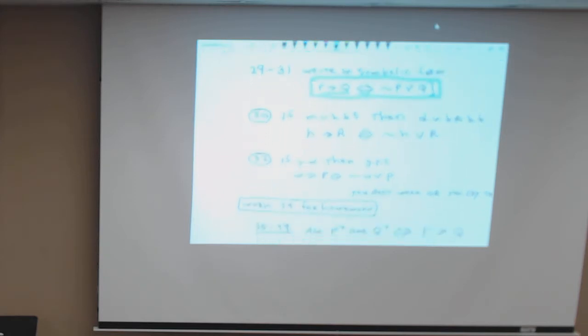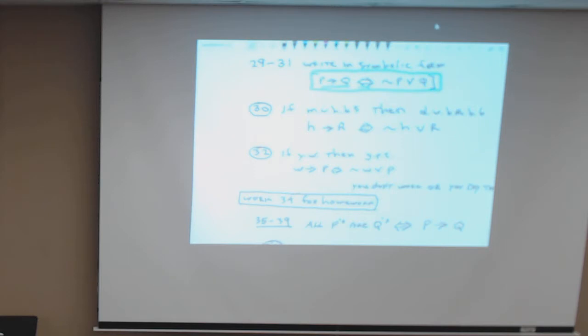So now number 30, what does number 30 say? If Mida is home by 5, and they call that H, that's an if then, remember? If Mida is home by 5, then dinner will be ready by 6, and that's R. So here's my if-then statement.